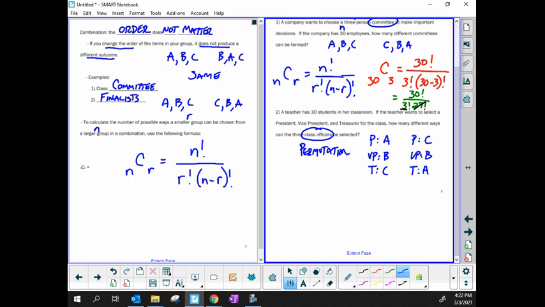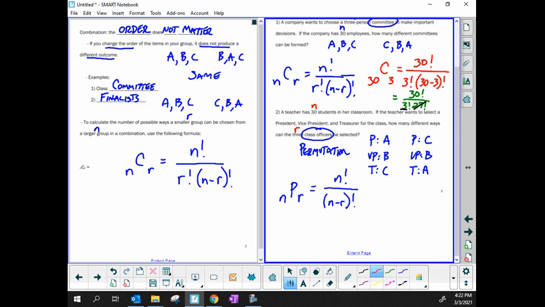So our permutation formula, nPr, is N factorial over N minus R factorial. But in this problem, what's my N and my R? Well, my N is the bigger number I'm choosing out of. We're choosing out of 30 students. And out of those 30 students, we're picking how many class officers? 3.